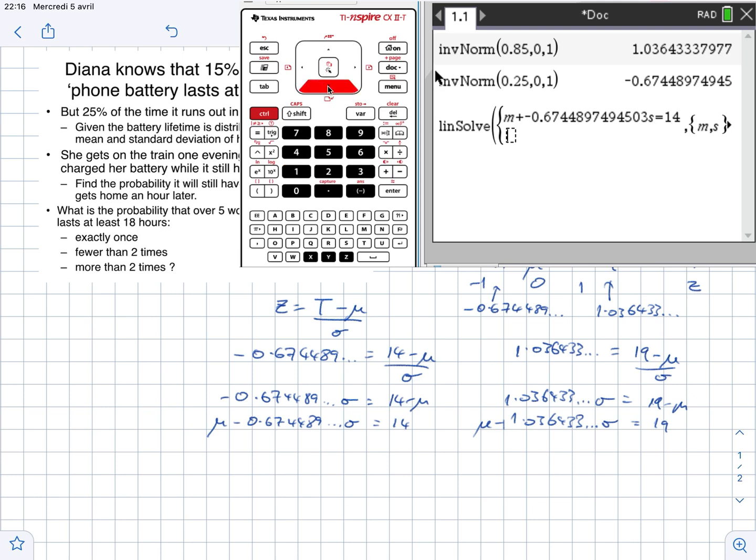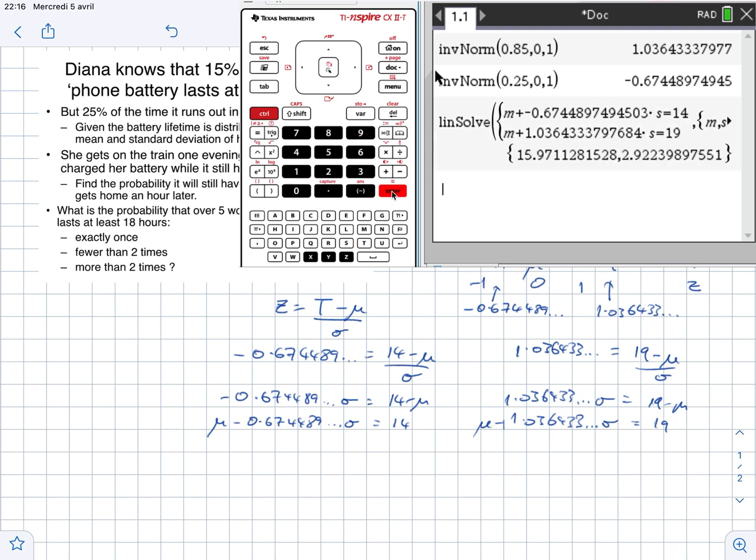And the second equation is M, so mu, plus this value here, Control C and put it in there, Control V, times sigma, equals 19. There's my two equations. And it gives my two values there for M and S.